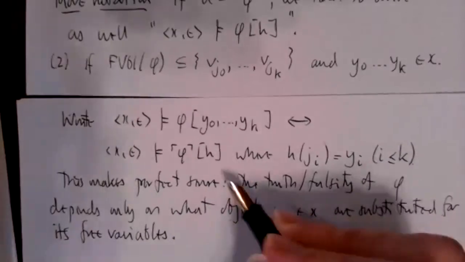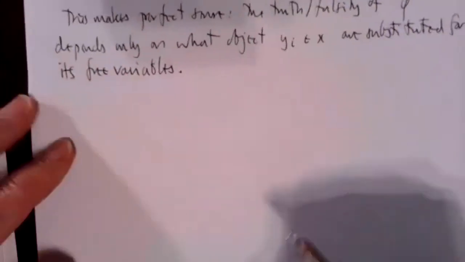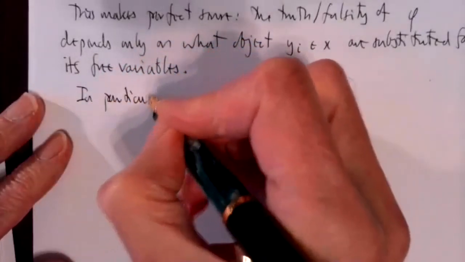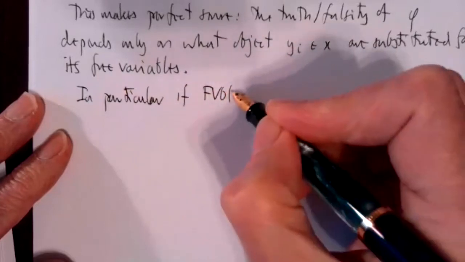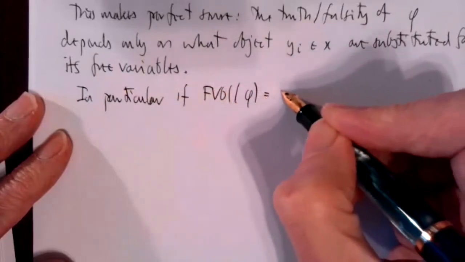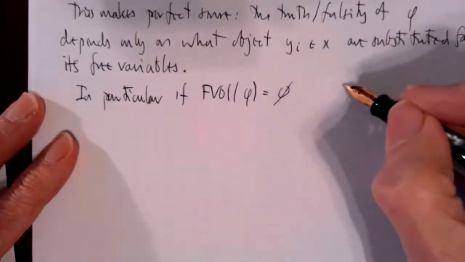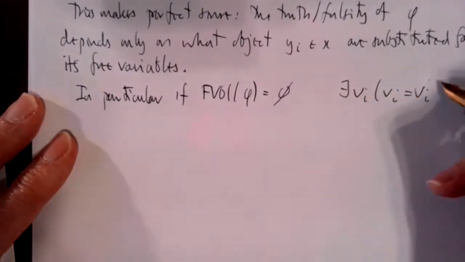In particular, if phi doesn't have any free variables at all, we call it a sentence. So it may be that, maybe it's a formula like this, vi equals vi.